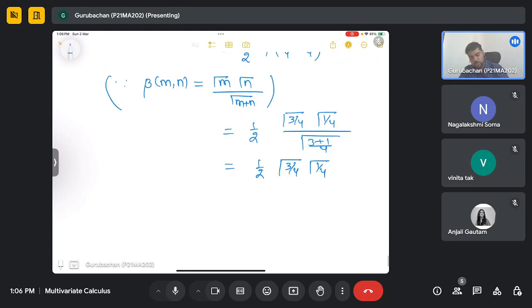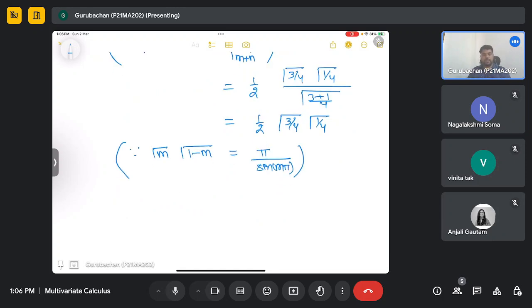Now we also know that gamma of m, gamma of 1 minus m is nothing but pi by sine m pi. So using this relation, we can say that this will be half of pi by sine pi by 4.